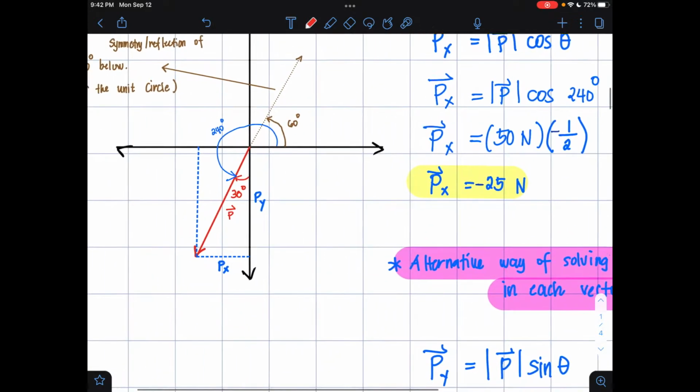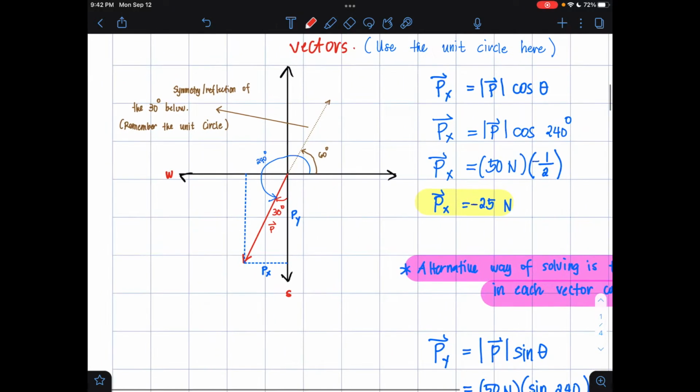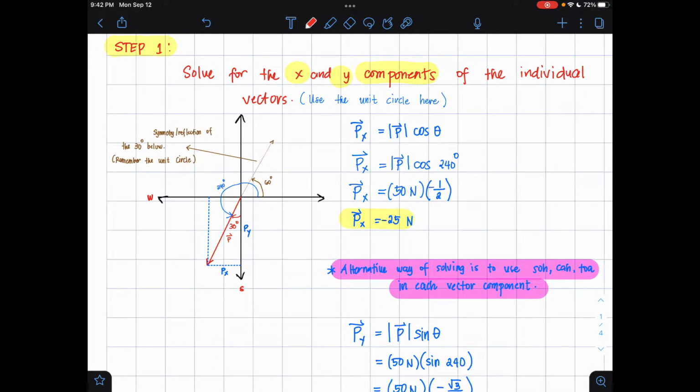As you can see, it's measured 30 degrees. This is south, this is west, so 30 degrees west of south. Our goal here is to solve for the x component and the y component of this first vector. I mentioned in class that whenever we find the x component, the function is the cosine of your angle.